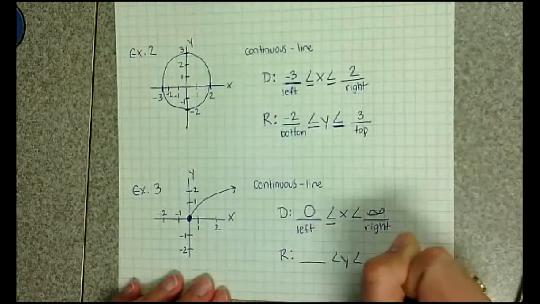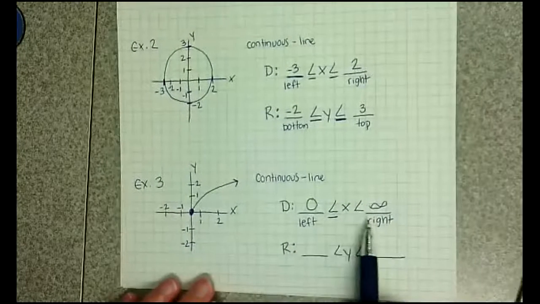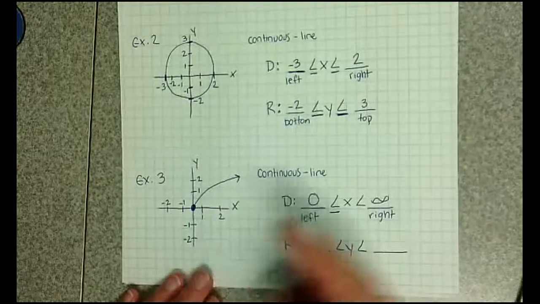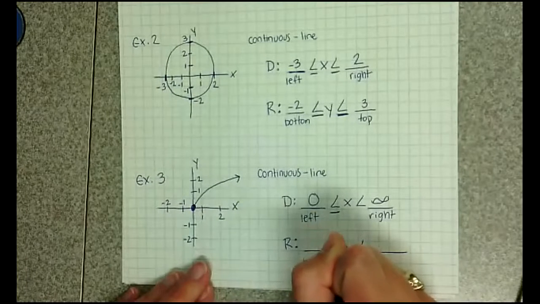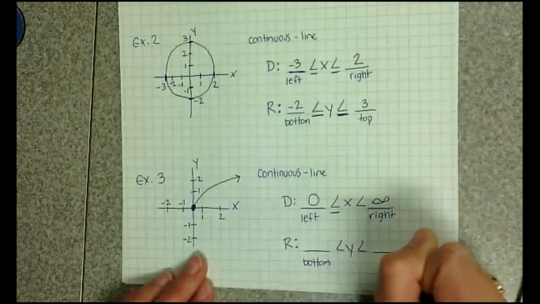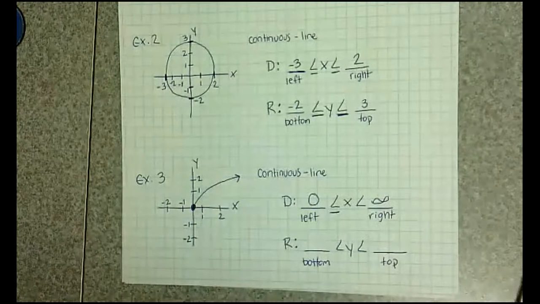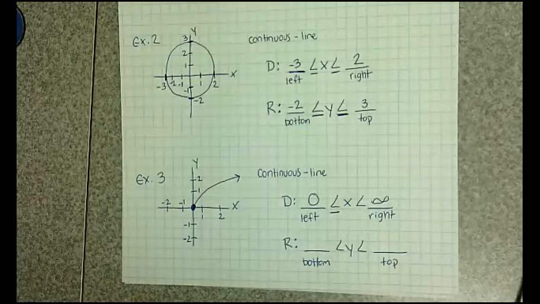Okay, so let's take a look at the range. We did the X's, so now let's look at the Y's. Range is going to go bottom to top because we're always going to put our smaller number first. So where's the bottom of my graph? Is it where that dot is?